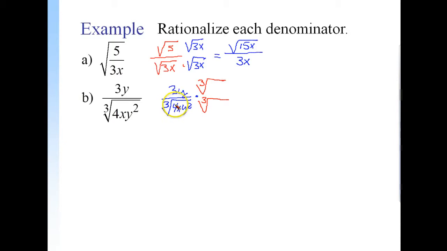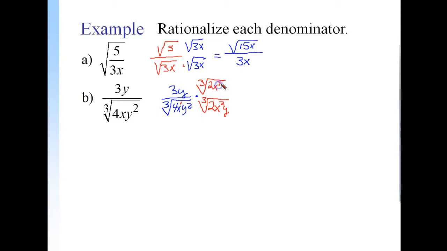Well, this is 2 times 2, so for the number part would have to be a 2. This is x to the first, so that'll be x to the second. This is y to the second, so I just need another y. And then I do the top the same.